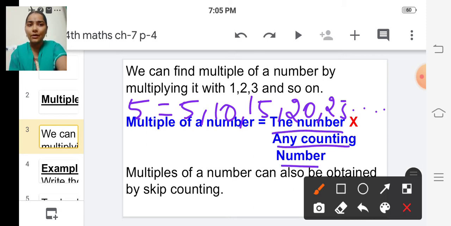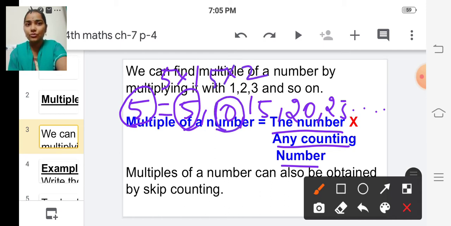So this is what they told here, that is the number into any counting number. The number is 5. Here 5 into 1 is equal to 5. 10 is 5 into 2. And 15 is 5 into 3 is equal to 15. And 20 is 5 into 4.